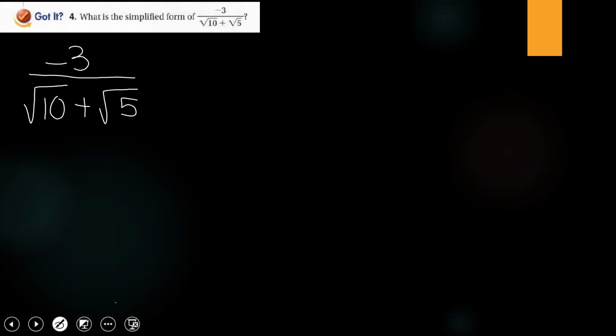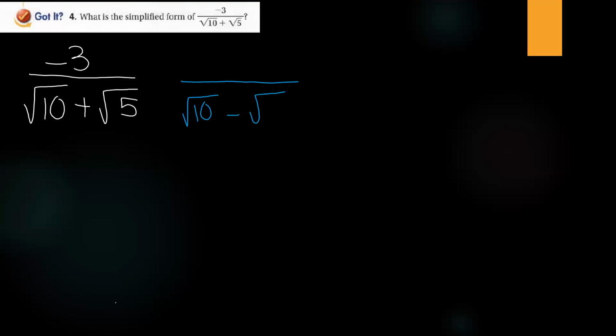So let's multiply now by the conjugate of square root of 10 plus square root of 5. What is its conjugate? Square root of 10 minus square root of 5. Is it right? Yes. Okay, exactly.